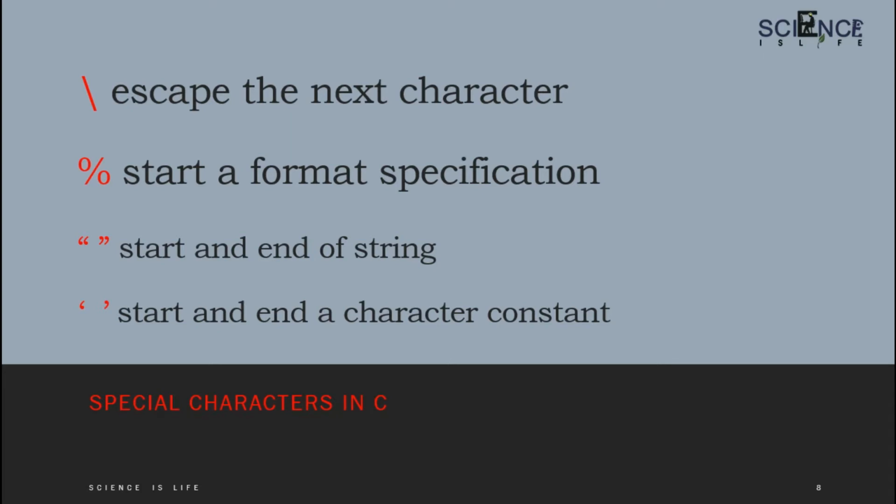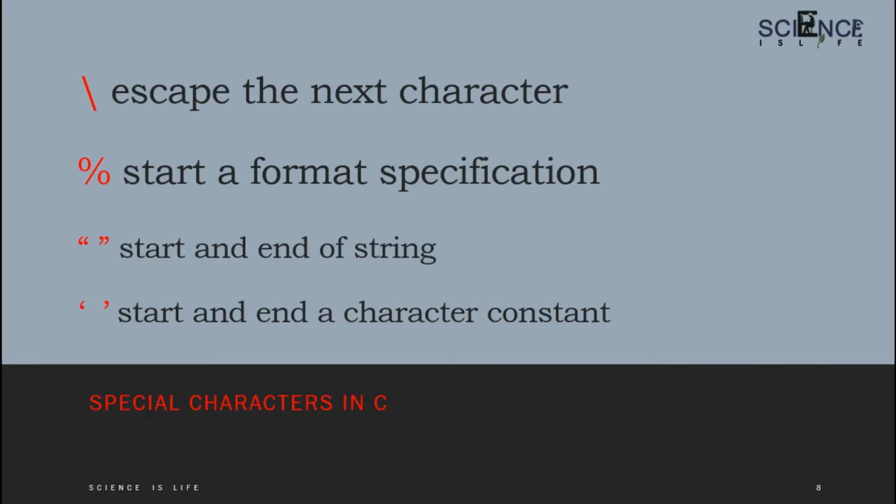These are the special characters we use in C programming. So backslash represents an escape sequence, right? If we put a backslash in a string, then it escapes the next character, and if we put a percentage mark within a string, then it starts a format specification, right? So it will not print the percentage mark.